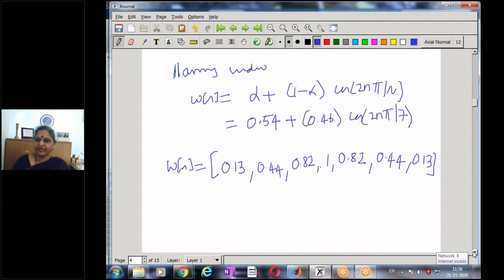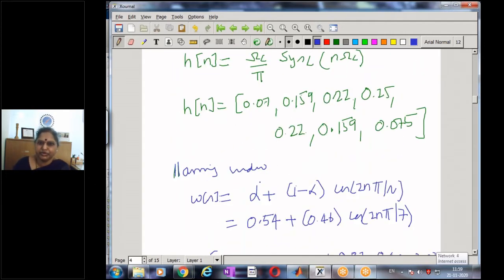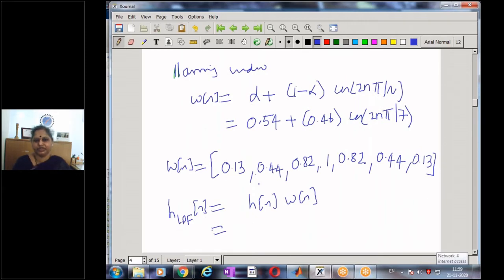Now to get the actual impulse response of my designed low pass filter, I need to do a pointwise multiplication of h of n by w of n. What's my first value? 0.075 multiplied by 0.13. So let's see how much is that. I have it as 0.009.